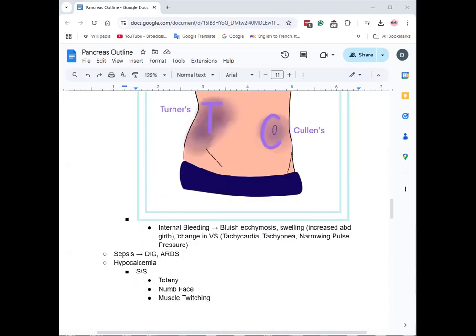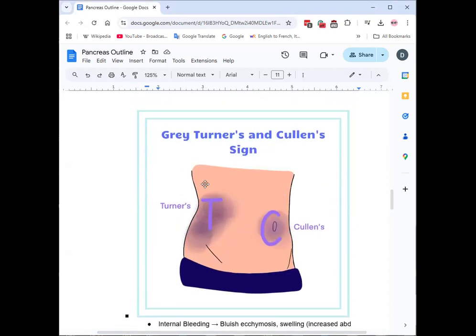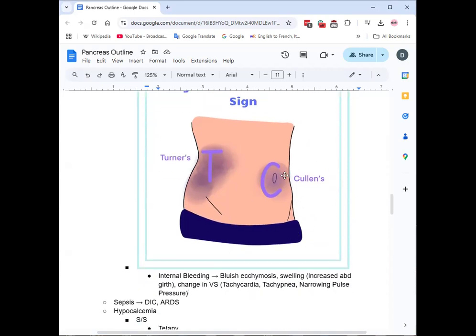Oh yeah, I think this is also very important: understanding the internal bleeding is also a thing that needs to be assessed. The obvious ones are like bluish ecchymosis, swelling. It might be subtle, so maybe you want to check the abdominal girth, or a change in vital signs that go with the shock.